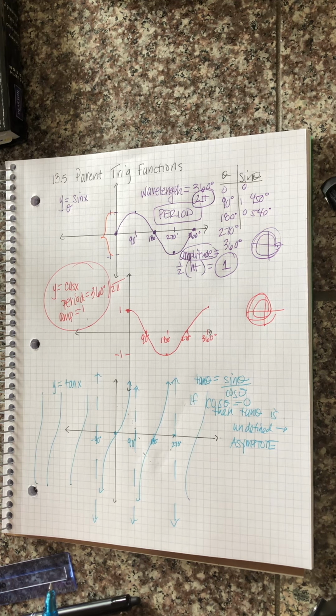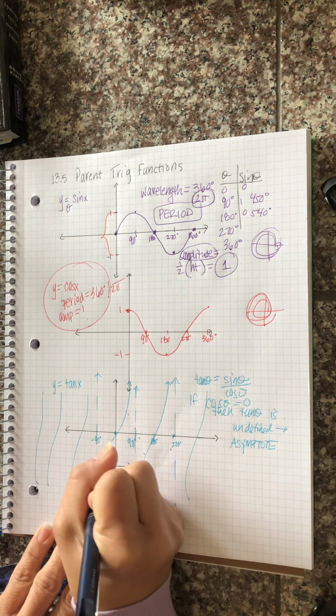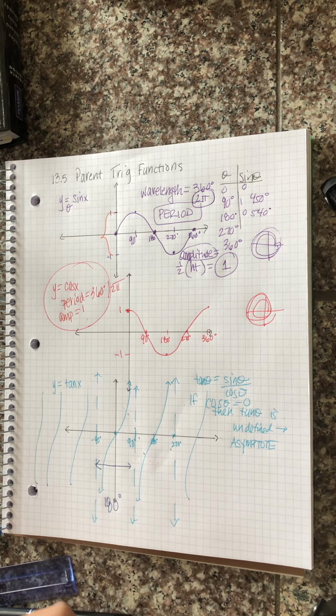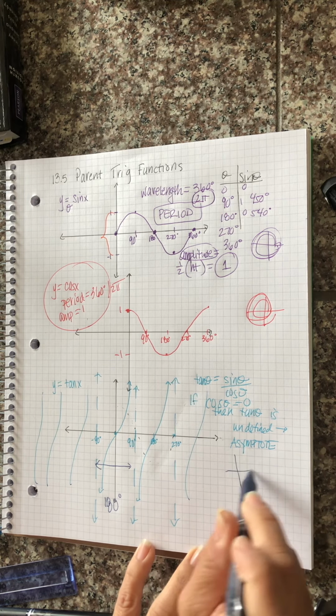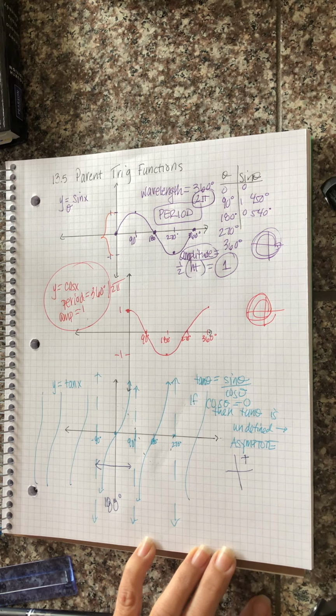Okay. So the period of tangent is different than the period of sine and cosine. And the period of tangent is from negative 90 to 90, which is 180 degrees. And that's because if you look at your unit circle, the value of the tangent in the first quadrant is positive.